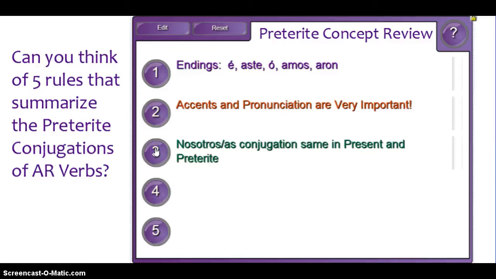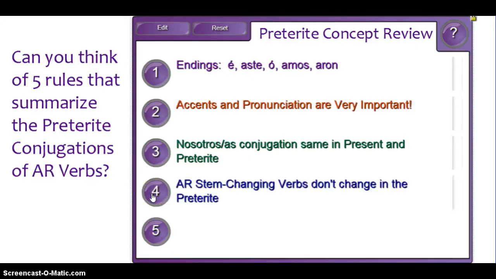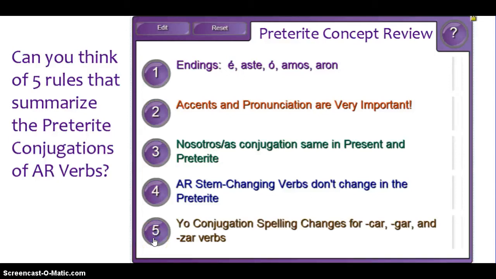Number 3, nosotros and nosotras conjugation stays the same, whether it be present or preterite. Number 4, stem changing verbs do not change. These are AR stem changing verbs in the present tense that do not change in the preterite. And lastly, your irregular yo conjugations for words ending in CAR, GAR, and ZAR in the infinitive. Make sure you have notes on all of those concepts.